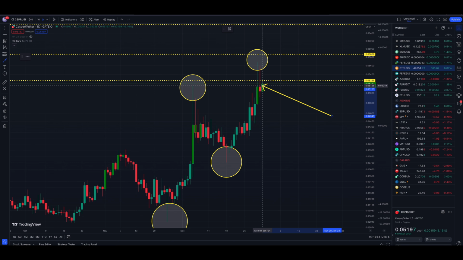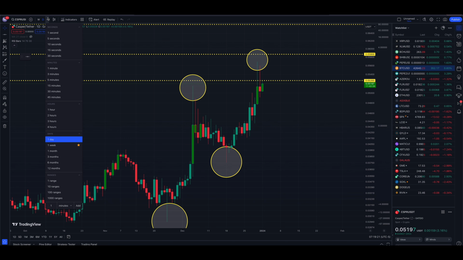So we'll have to see how long it goes. Maybe it's another day. Maybe today we close above it and then continue up to our target number 2, which is up there at 5868. So I would expect some cooling off here for Casper until it can close above the 5265.